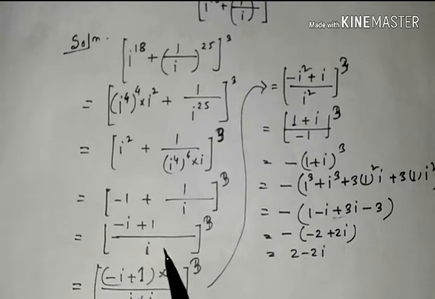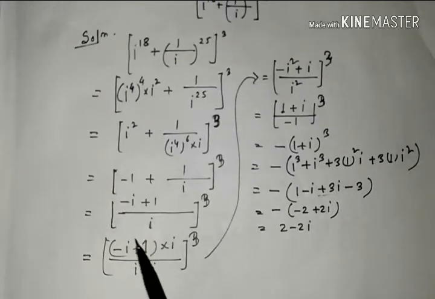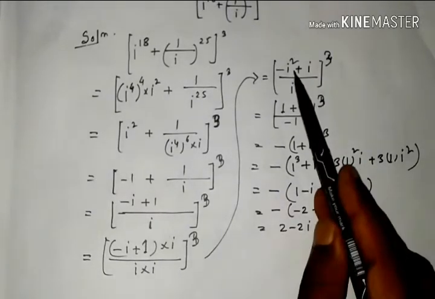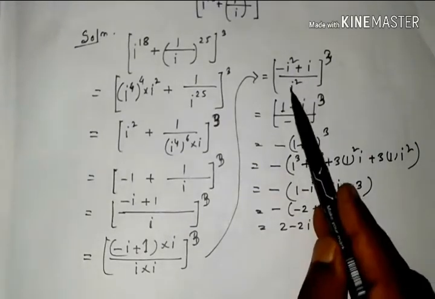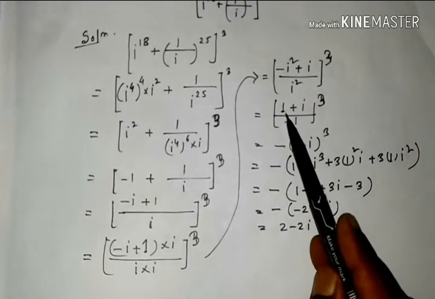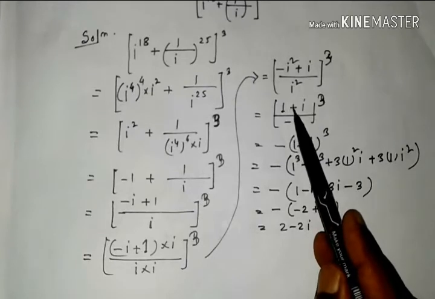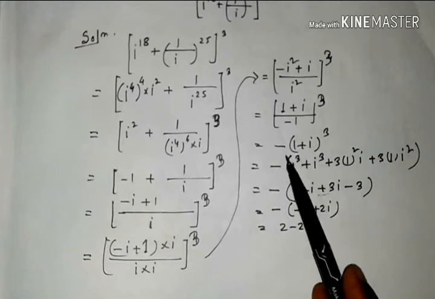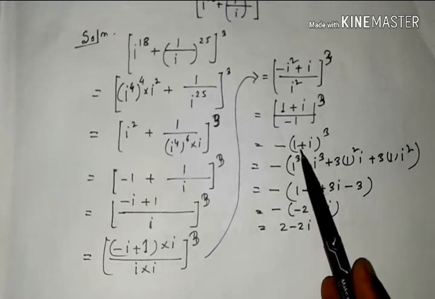For this we multiply another i in the numerator and denominator, that is 1 into i, and this is also i into i. This is i/i². Since i² is equal to -1, therefore -i² is equal to 1. This is i, 1 + i. We can write this as (-1 + i)³.